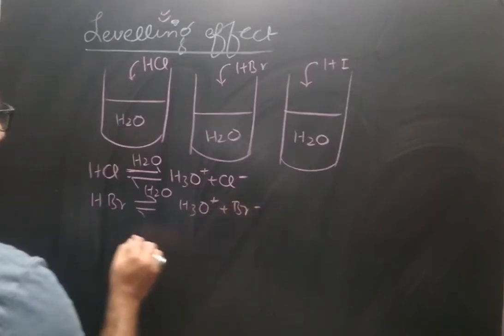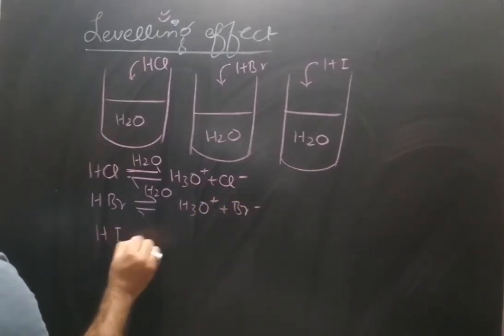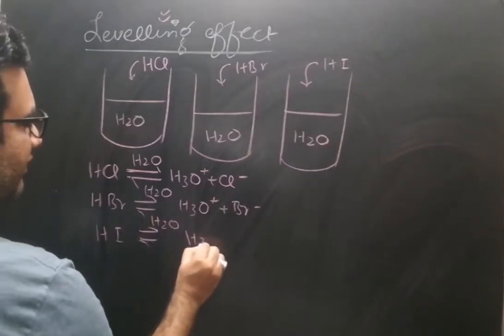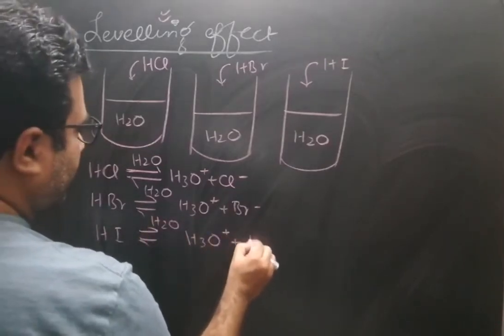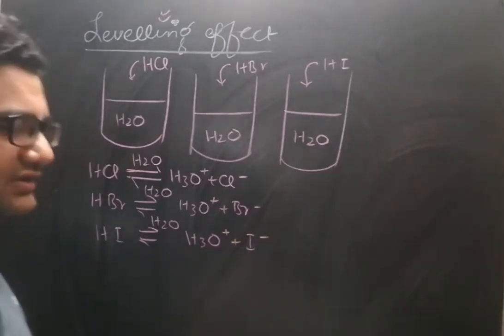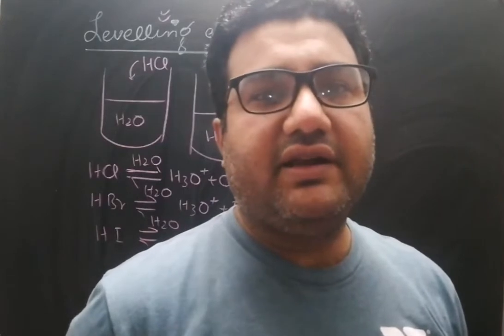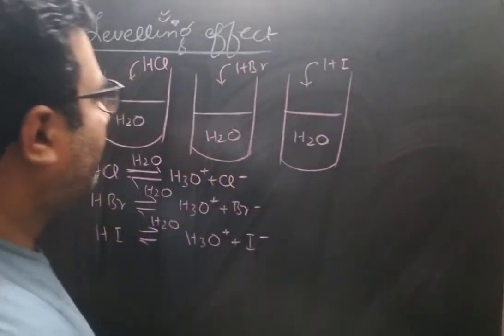And similarly, hydrogen iodide also equally protonates water, producing the same amount of H3O+ and I-. So by dissolving these 3 strong acids in water, we cannot get any information about their relative strength because they appear to be of the same level. That is called the leveling effect.